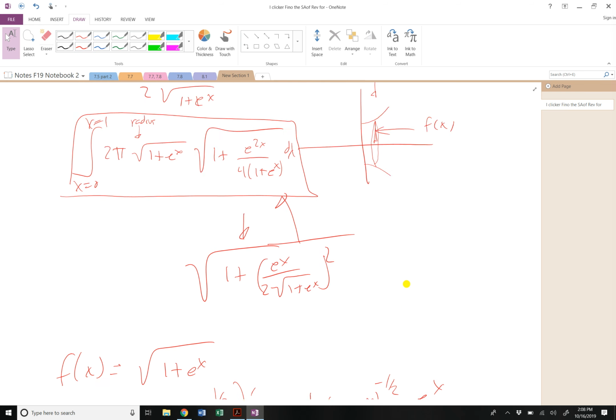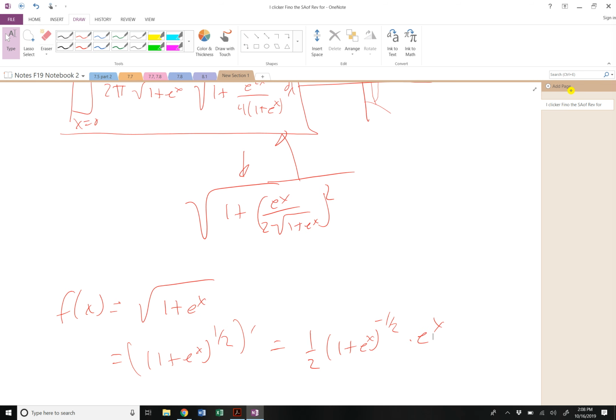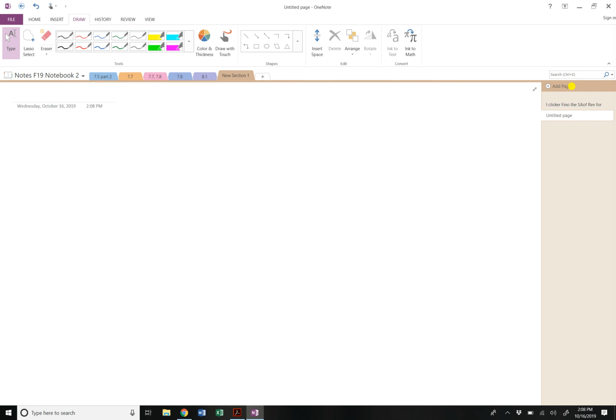Okay. Let me talk about the surface area formula for a second. If we have a curve that we're spinning about a line like this, much like with the arc length, we can approximate that curve with straight line segments.